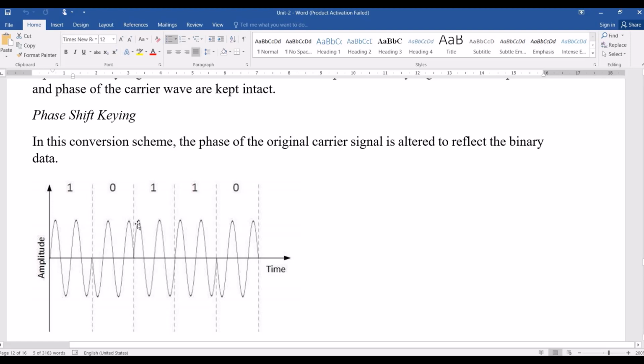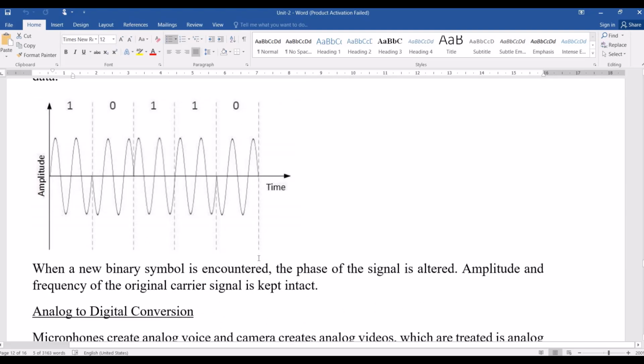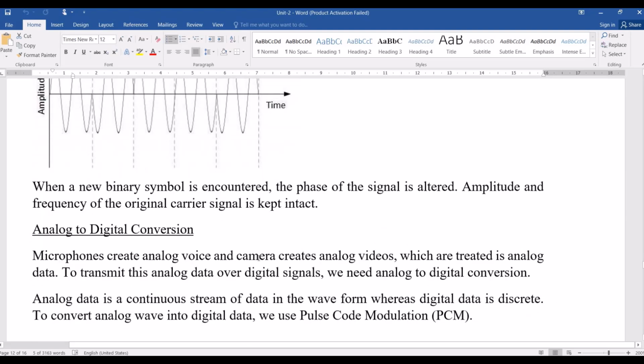Here it changes the phase again, and this is 1 1. There is no change in the binary value, so it's continuous here. Then here it changes from 1 to 0, and it changes the phase again. So this is the phase, phase amplitude.